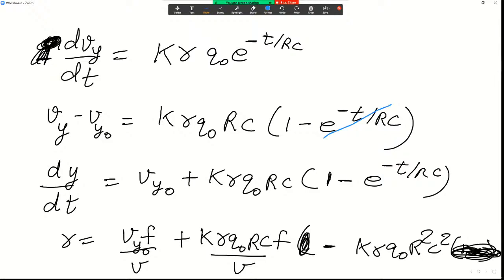Okay, so we can plug in the values of Vy0 and Q0 now.